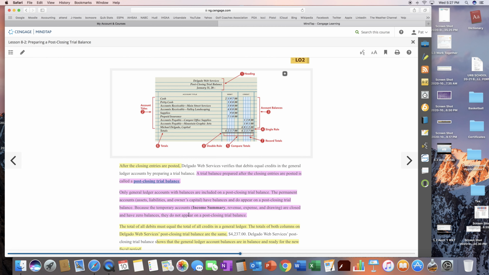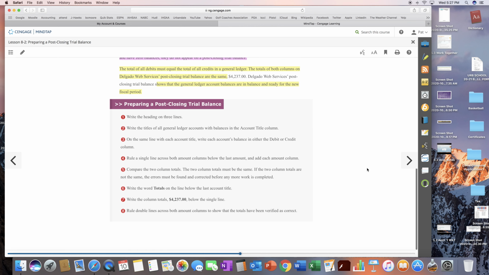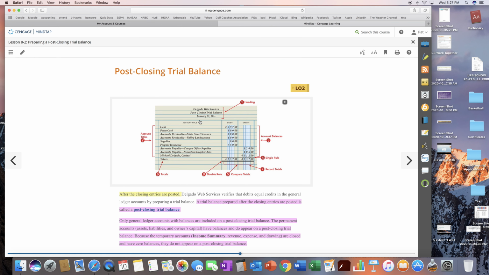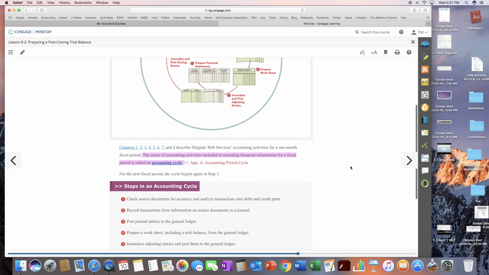We mentioned that. When they match, that gives us an idea, the last second count, that our general ledger account balances moving forward are ready for the new fiscal period. So we're just basically listing all the general ledger accounts that have balances, which happen to be permanent accounts: assets, liability, and capital. All right, that's it.